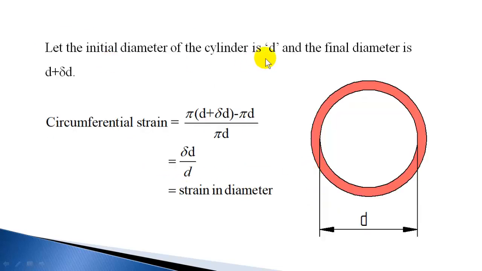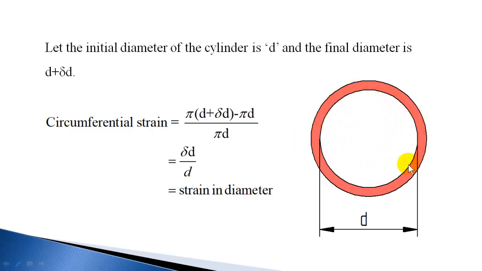Now let the initial diameter of the cylinder be d. As a result of this stretching, the stresses are acting and the walls are getting stretched and the diameter increases, and let us take the final diameter as d plus delta d. Now you can calculate the initial circumference and final circumference. Initial diameter is d, so initial circumference is pi d.